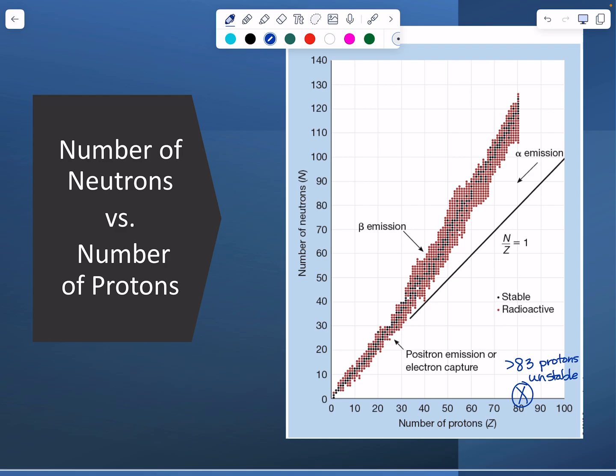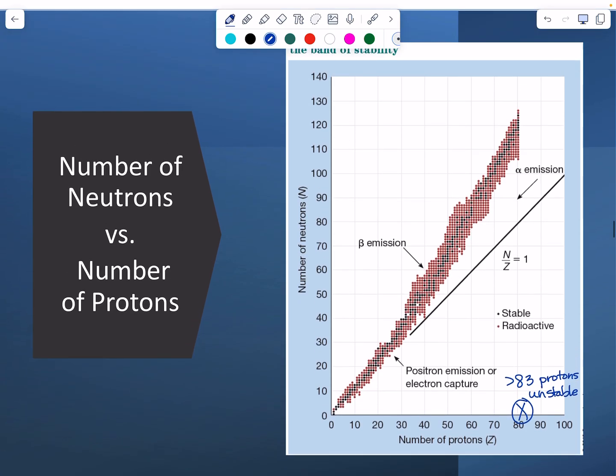Things that have even numbers of neutrons tend to be more stable, and even numbers of protons tend to be more stable than odd numbers of protons. And again, everything's going to come down to: can the strong nuclear force win out?